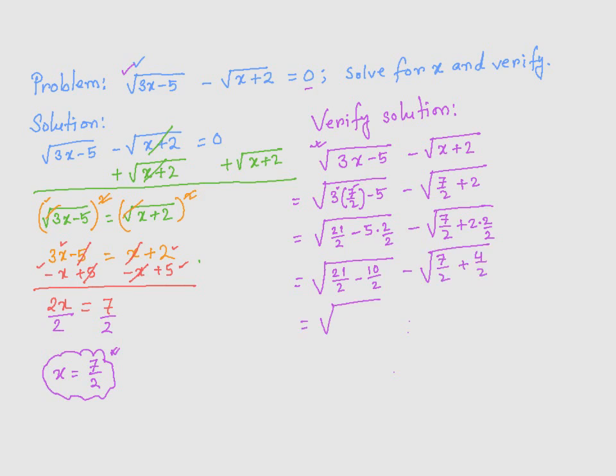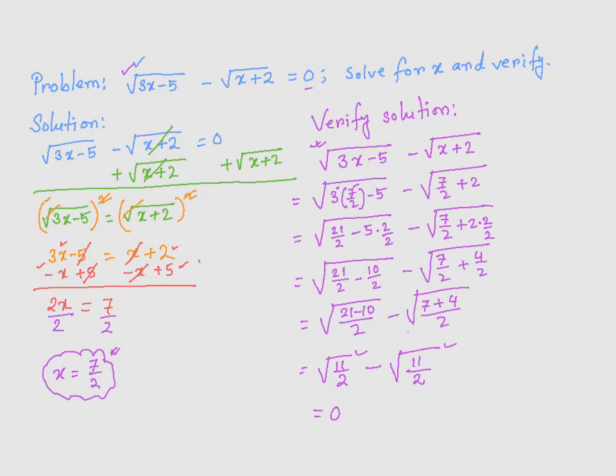That gives me square root of 21 minus 10 over 2 minus square root of 7 plus 4 over 2. Now square root of 21 minus 10 over 2 is square root of 11 over 2, minus square root of 7 plus 4 over 2, which is 11 over 2. Now these are the same thing, so I'm subtracting one from the other, so that should give me 0.